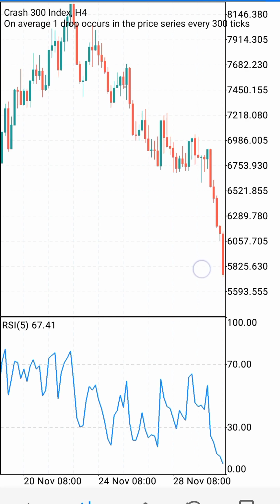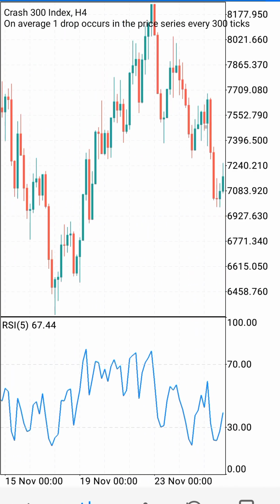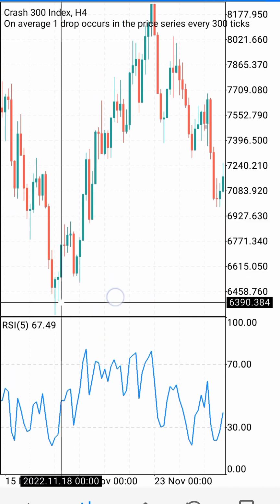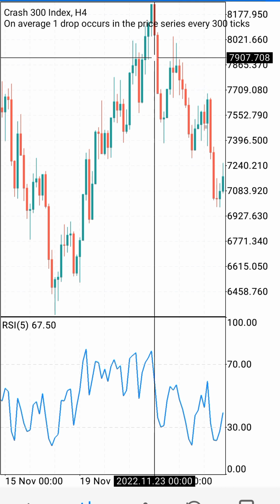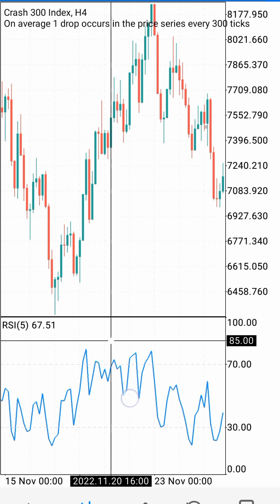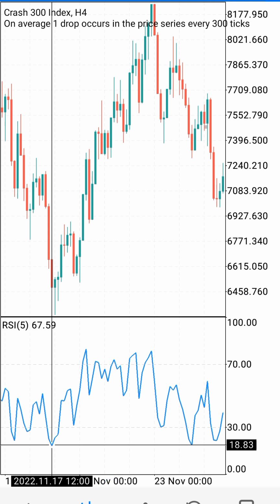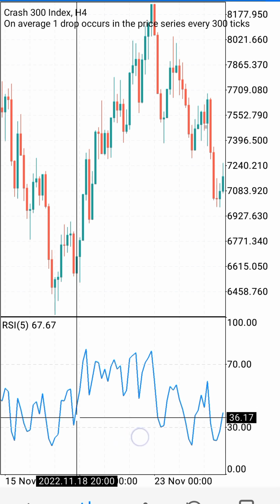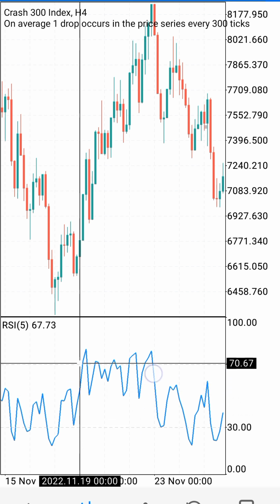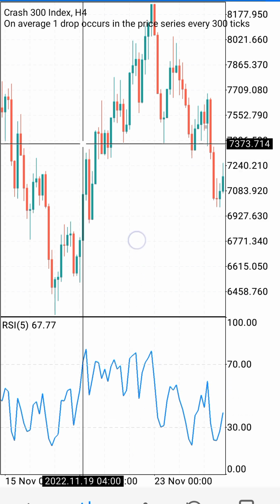So, in a situation like this, you can see that this is a series of bullish trend, and you can see the RSI from here. You take just the low if the market is going upward, and you take just the high if the market is coming downward. Now, you have it here, and you can see it here.